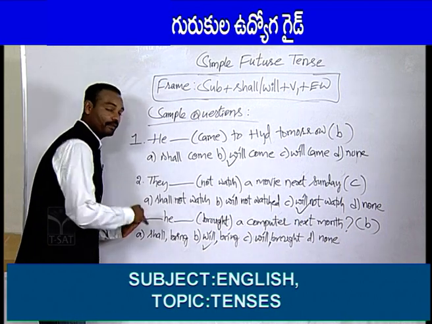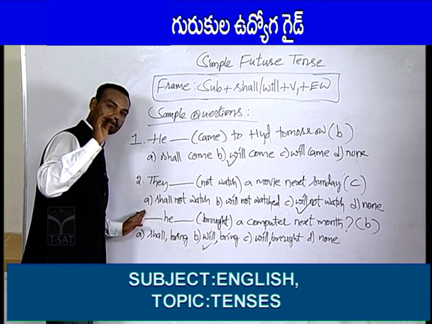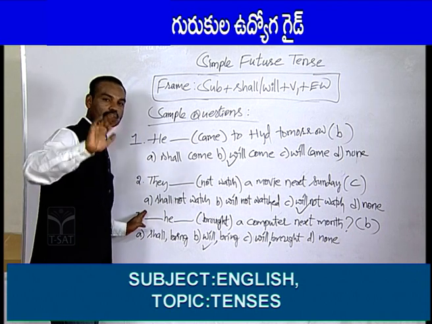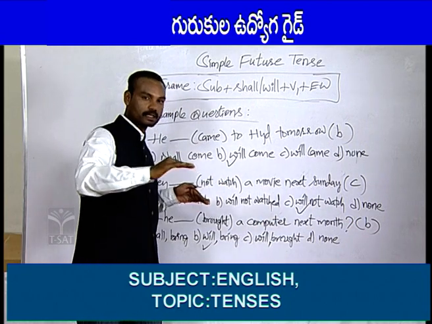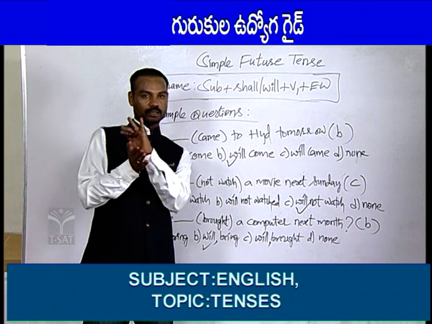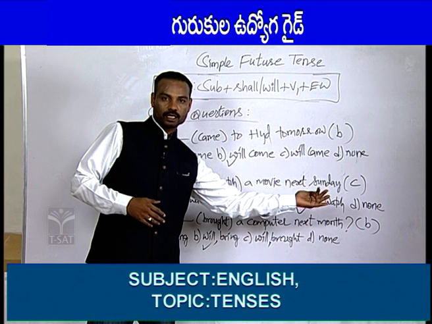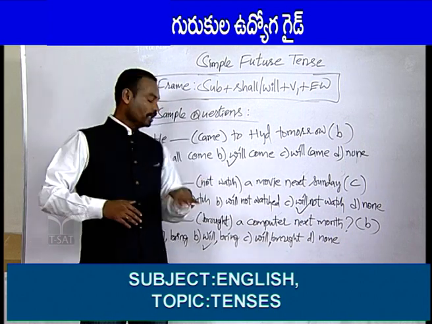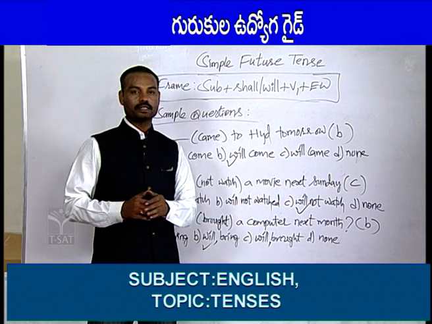Before this dash, if you find WH words like what, where, when, why, such questions are called WH type questions. Whenever you see a question mark at the end of the sentence, it may be an interrogative sentence or a WH type question. If you don't find any WH word, that is called an interrogative sentence.